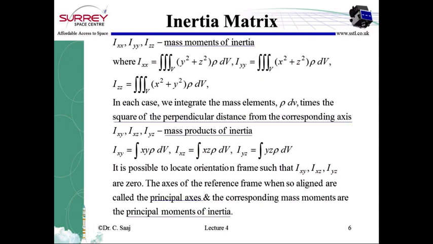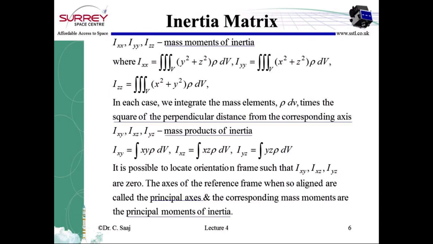Here we can find an orientation frame such that the terms Ixy, Ixz and Iyz can be set to 0. And the axes of the reference frame, when so aligned, are referred to as principal axes.